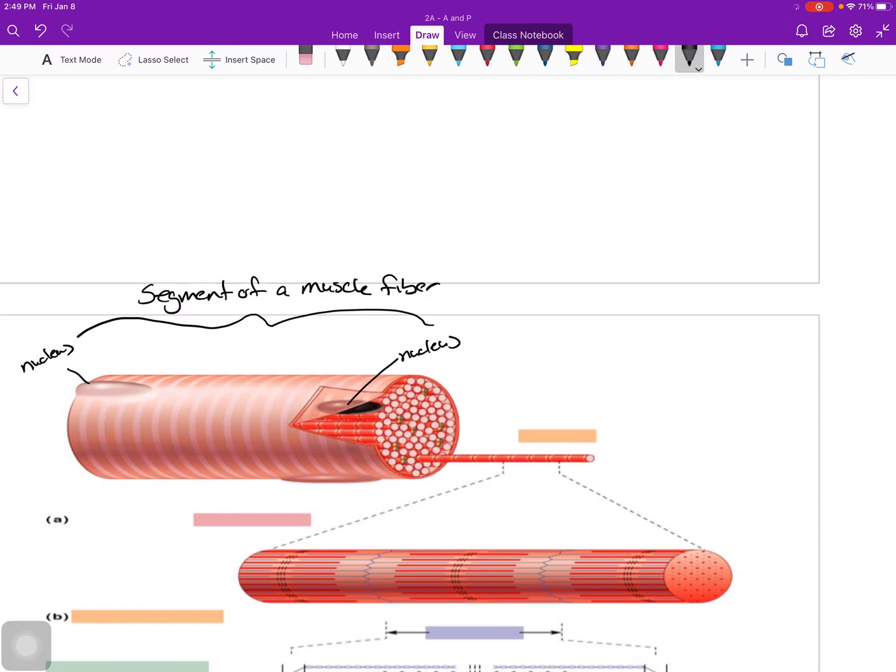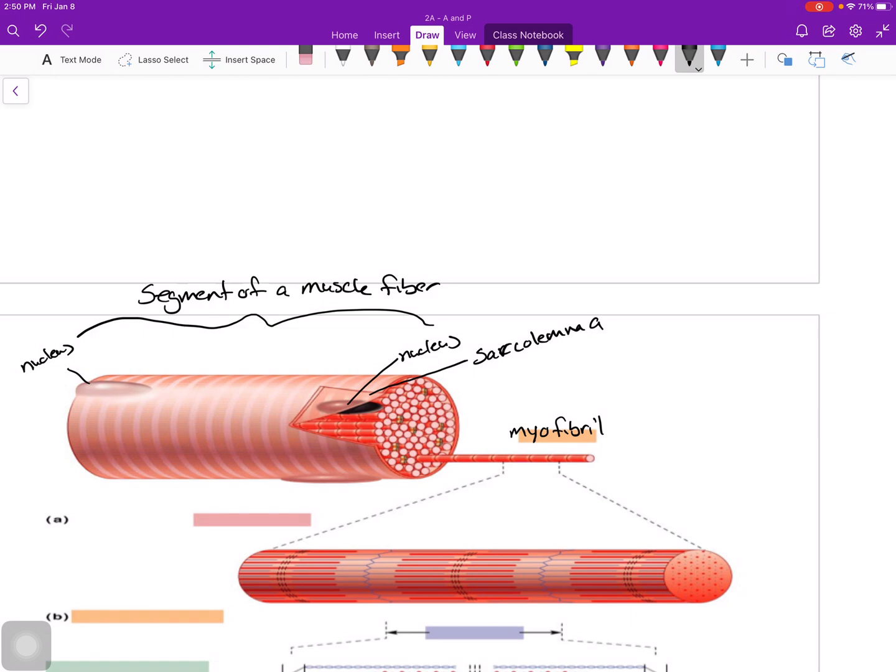All right, so surrounding this right here, surrounding that is the plasma membrane known as the sarcolemma. All right, so what we're pulling out, guys, here is a myofibril. All right, so I'm pulling out this section of a myofibril.